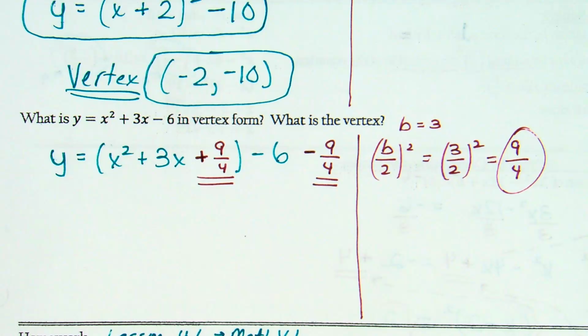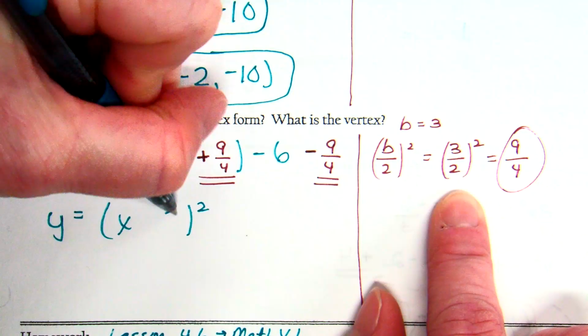Negative 24 minus 9 is negative 33. So it's minus 33/4. Okay, the vertex is negative 3 over 2, because we changed the sign on H, and then negative 33/4.